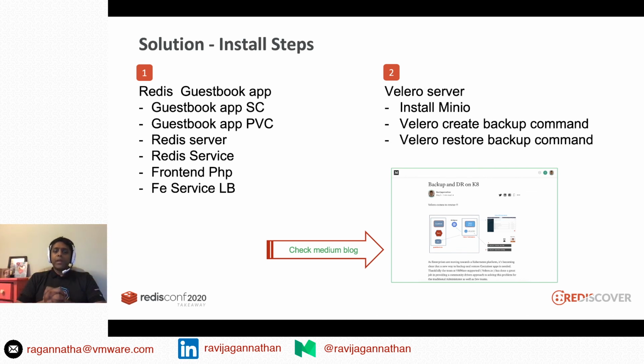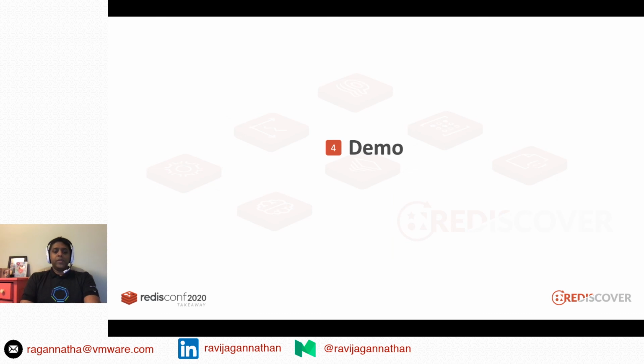Then you have a client machine where you have the Velero CLI, which can initiate the installation and the connection into Minio. So you have a Minio namespace, a Velero namespace, and a guestbook namespace. 3 different namespaces, correction.